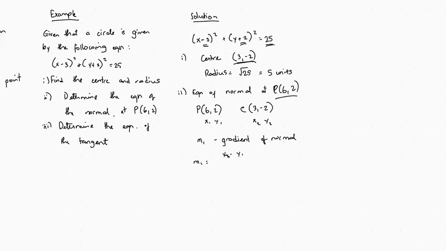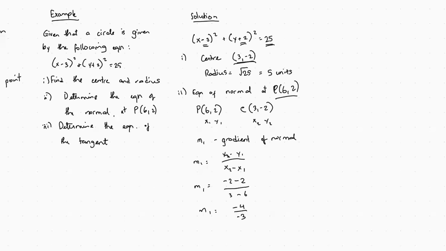So that is minus 2 over x2, which is 3 minus 6. So m1 becomes minus 4 over minus 3, which simplifies to 4 on 3.